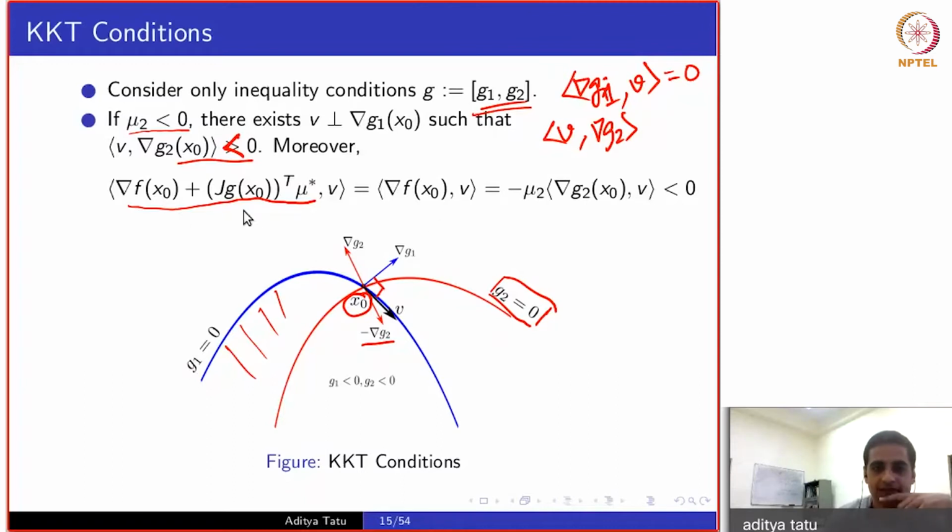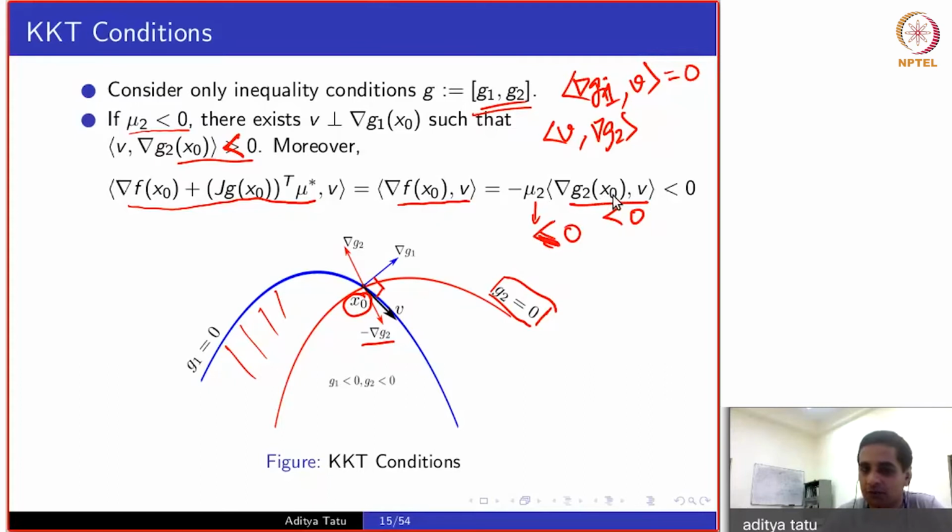And then that leaves us with, of course, gradient of f with v. So then the equation becomes gradient of f(x0) dot v plus mu2 times the dot product of gradient g2 with v, right? But the issue is this is negative. Mu2 I have assumed is negative.